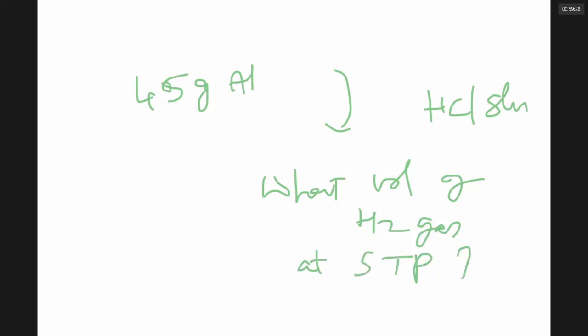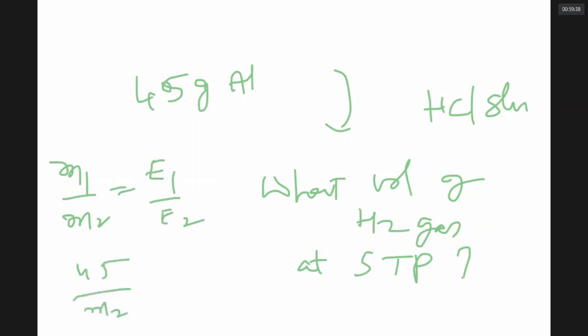What I would do is M1 by M2 is equal to E1 by E2. Any problem, sir? So 45 by M2 is equal to equivalent weight of aluminum, 9, by equivalent weight of hydrogen, 1. Then what is the mass of hydrogen I am getting, sir? 5 grams. Now I got 5 grams of hydrogen.